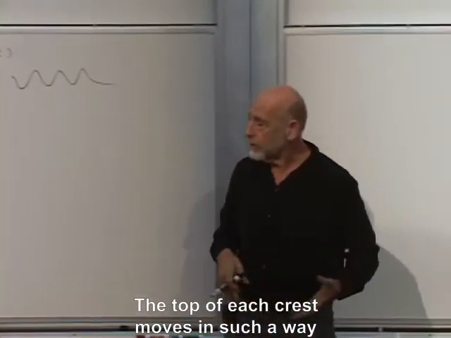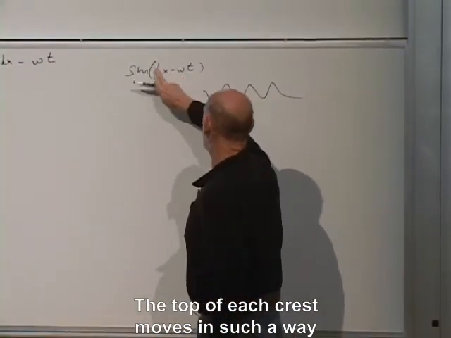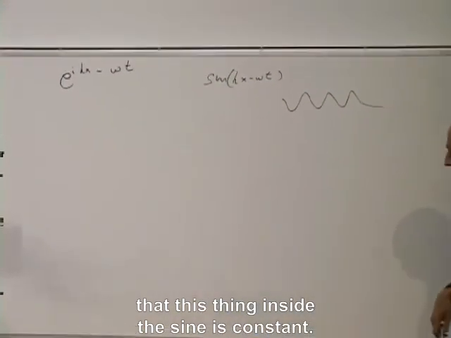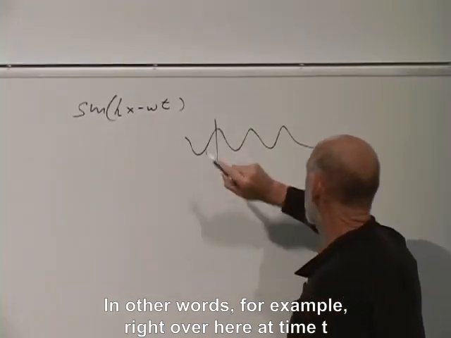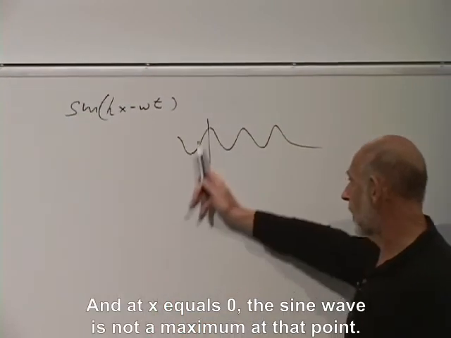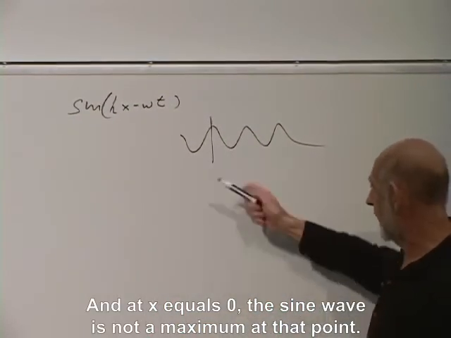The top of each crest moves in such a way that this thing inside the sine is constant. In other words, for example, right over here at time t equals 0 and at x equals 0, the sine wave is not a maximum at that point.